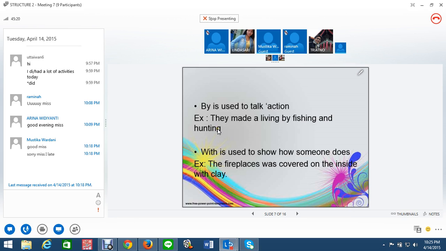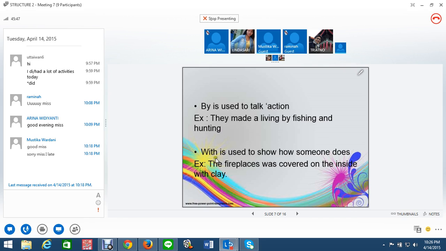Iya, bisa. So, yeah, depends on context. But originally, hunting relates to forest or jungle or wood, something like that. Makanya ada namanya hunter, pemburu, hunt, berburu.